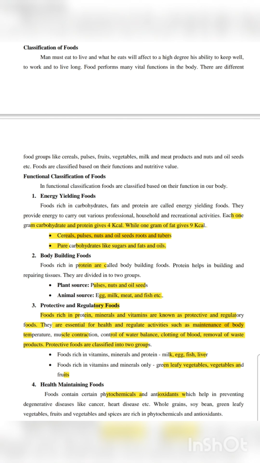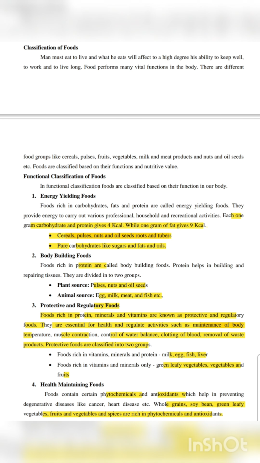So the health maintaining foods which we need to eat every day are whole grains, soya bean, green leafy vegetables, fruits and vegetables, spices which are rich in phytochemicals and antioxidants. We all know the spices or vegetables which are rich in phytochemicals and antioxidants.